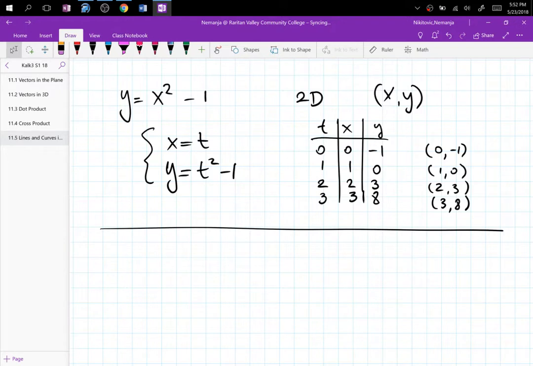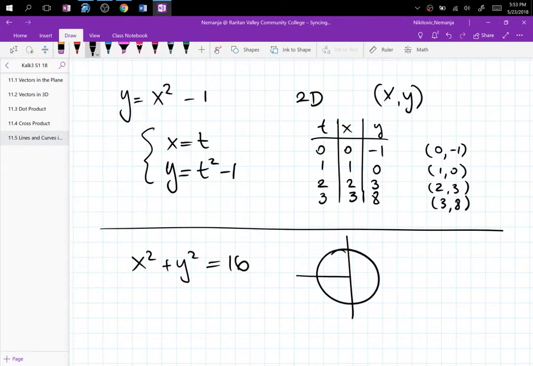and that would be the equation of the circle. So if I have x squared plus y squared equals 16, this is a circle with radius 4. Now, if you observe the circle with radius 4, you see it's not a function.